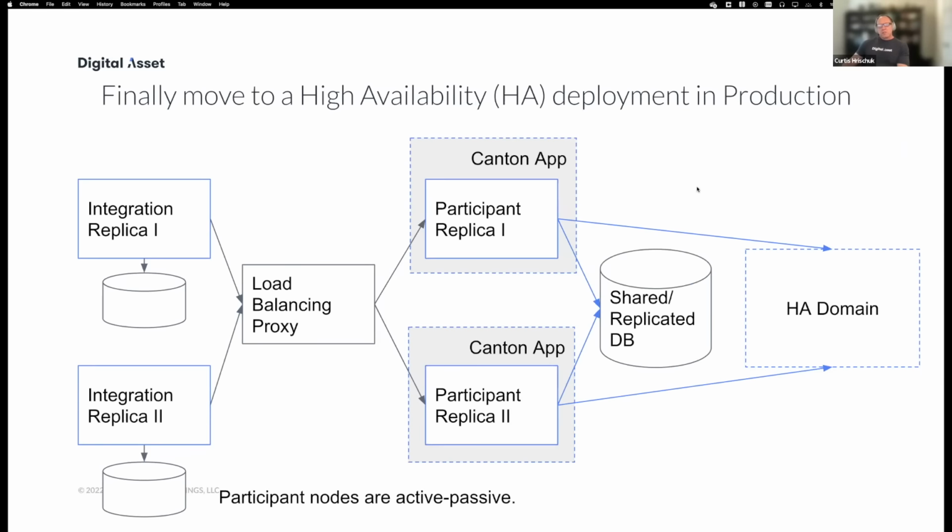And Canton can also be deployed in a highly available way. And high availability is a feature of the Enterprise Edition. So you can expand into high availability deployment for late stage testing or production. The participant and mediator nodes operate in an active passive mode. The sequencer nodes operate in an active mode.